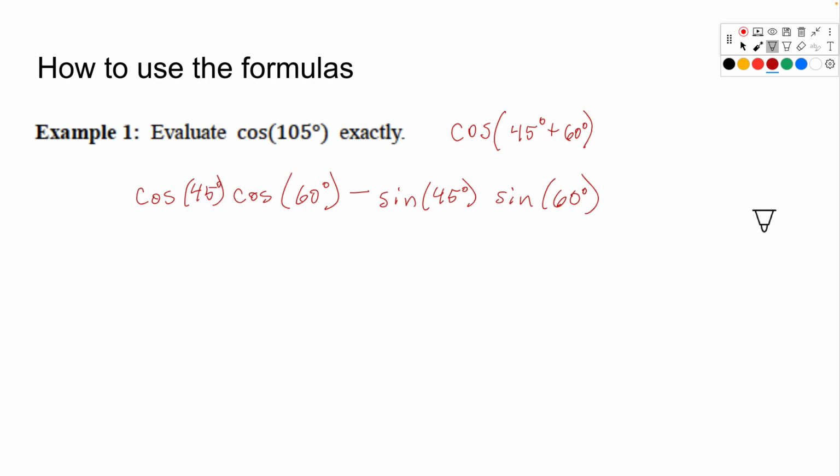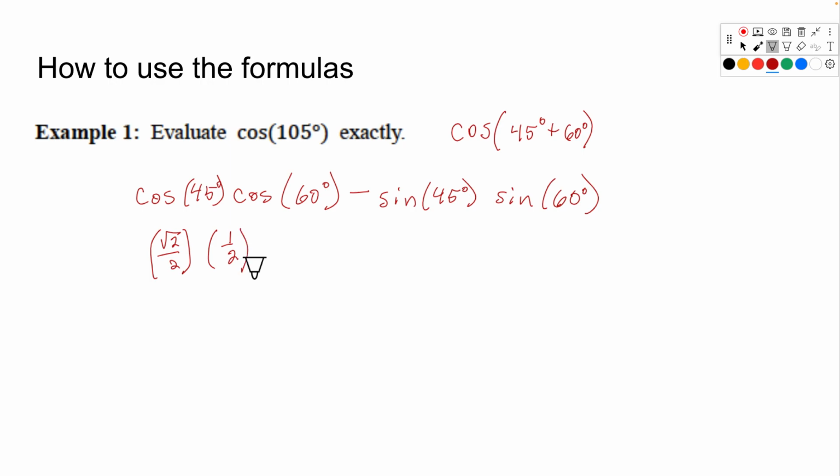The second step is now we need to know what these values are from the unit circle. So we might look at our unit circle if you've got it sitting around, or try to remember. What is cosine of 45 degrees? Well, that's square root of 2 over 2. What's the cosine of 60? 1/2. Is that right?